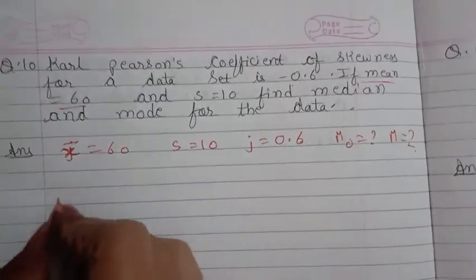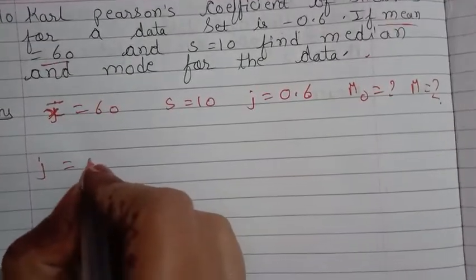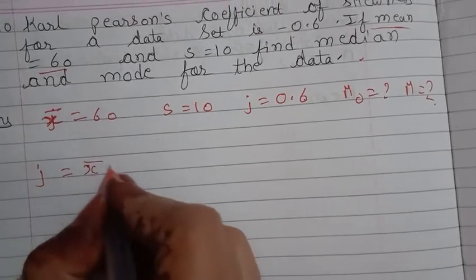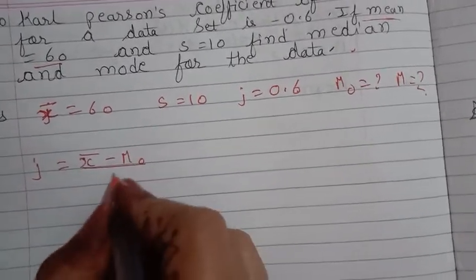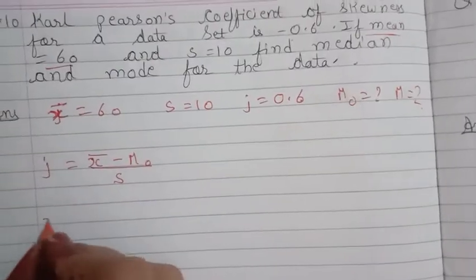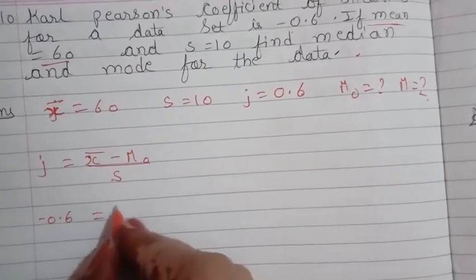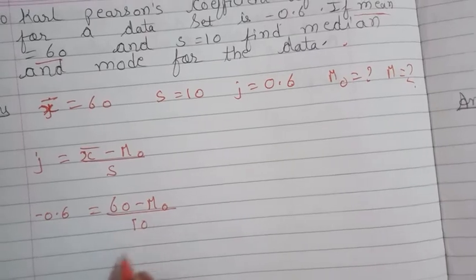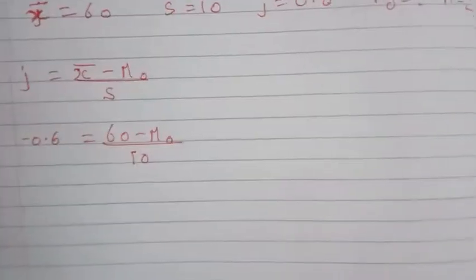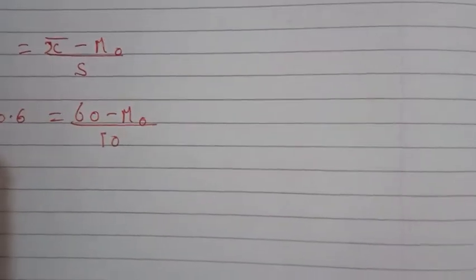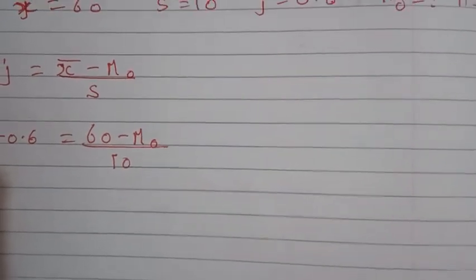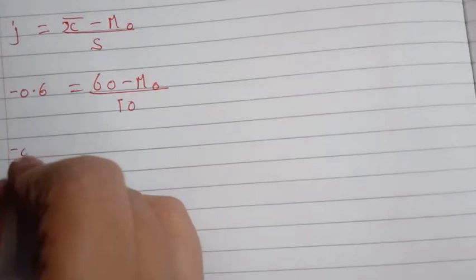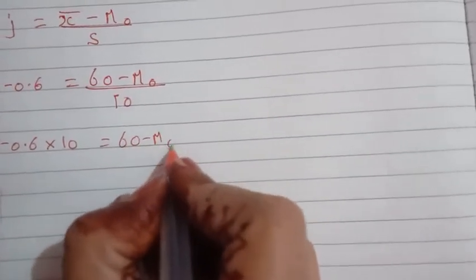Now first of all, the J formula we can apply. J is equal to x bar minus mode upon standard deviation. Now J is minus 0.6, mean is 60, minus mode we have to find, upon standard deviation 10. Cross multiplication: minus 0.6 into 10 is equal to 60 minus mode.